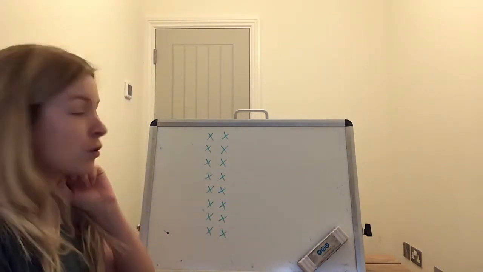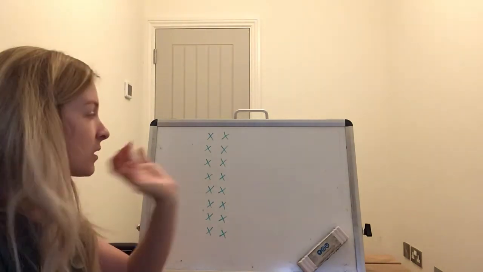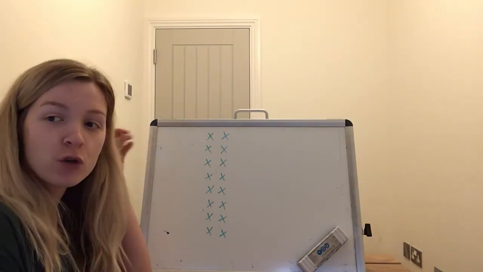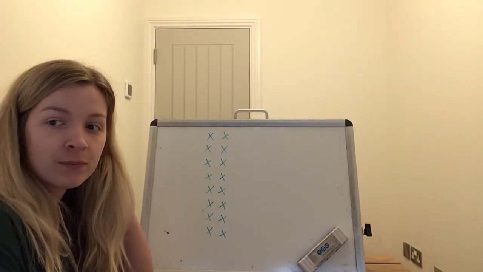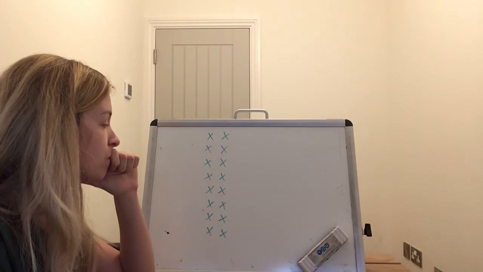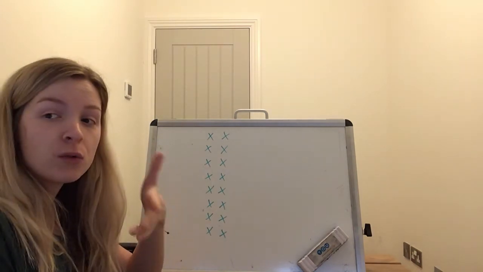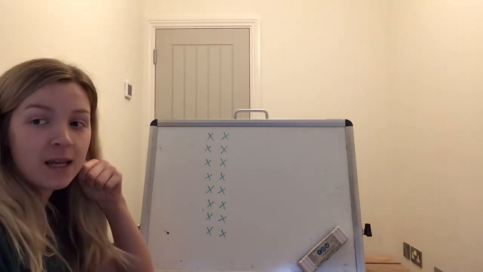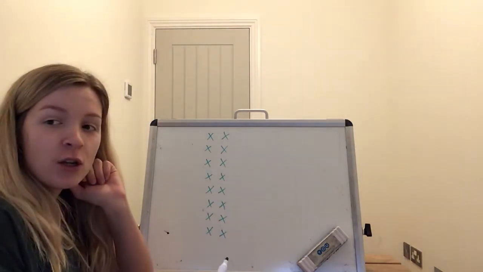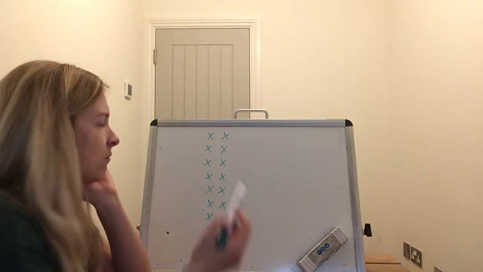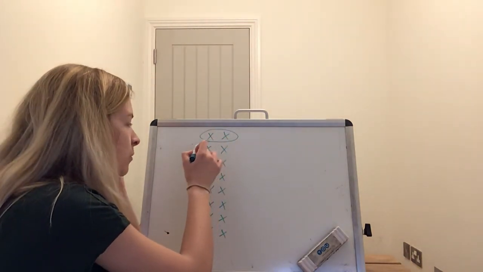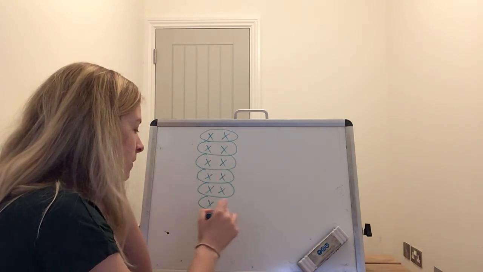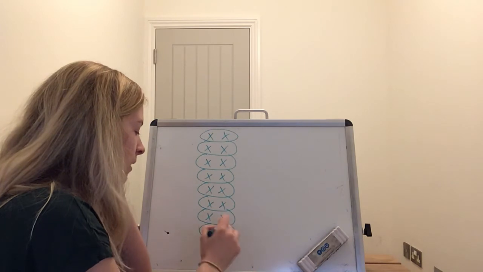Okay, think about this one. Does this represent an 8 times table calculation? Do we have groups of 8 here? Or, alternatively, do we have 8 groups of something else? Let's see. Depends how you look at it. Originally, I thought, no. 1 group, 2 groups, 3 groups, 4 groups, 5 groups, 6 groups, 7 groups, 8 groups.